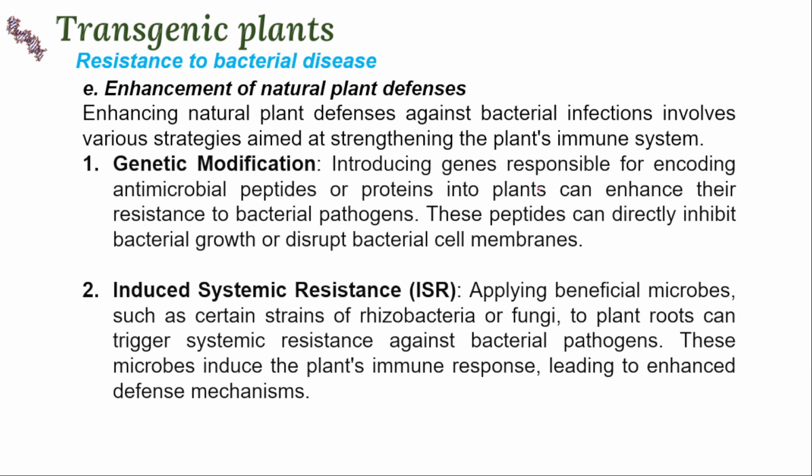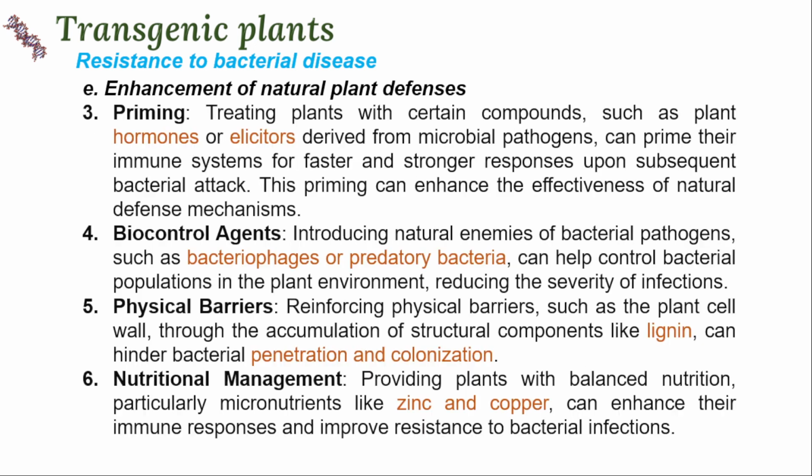Take an example like the neem plant, which produces azadirachtin. This azadirachtin has antimicrobial, antibacterial properties. When you increase it multiple folds in plants other than the neem plant, definitely these plants also effectively defend against bacterial infections. It will also enhance systemic resistance in plants, so that they can easily defend against the pathogens.